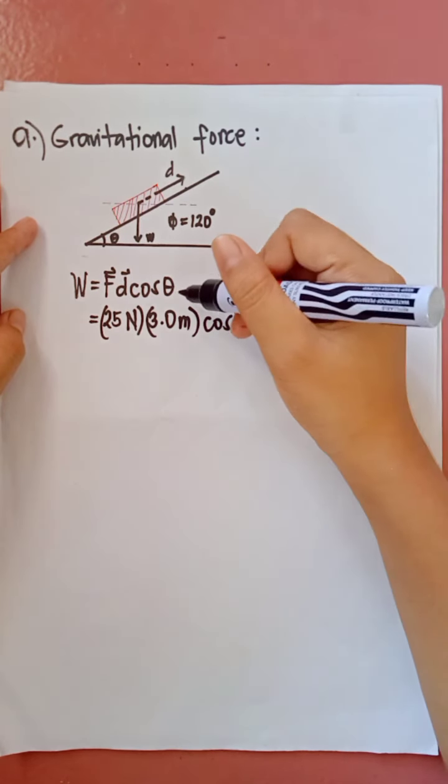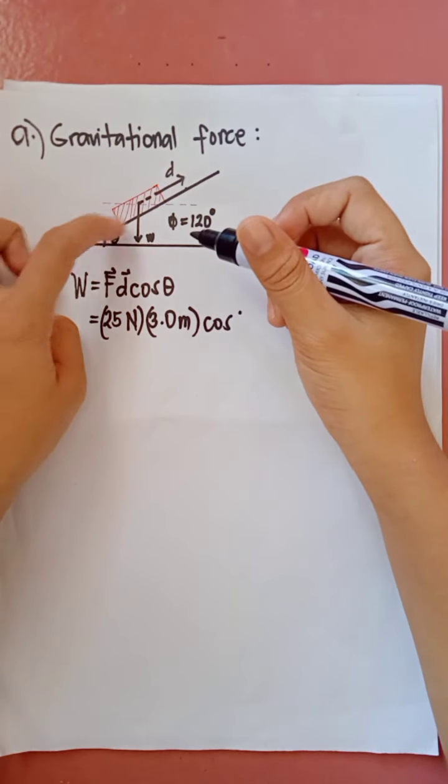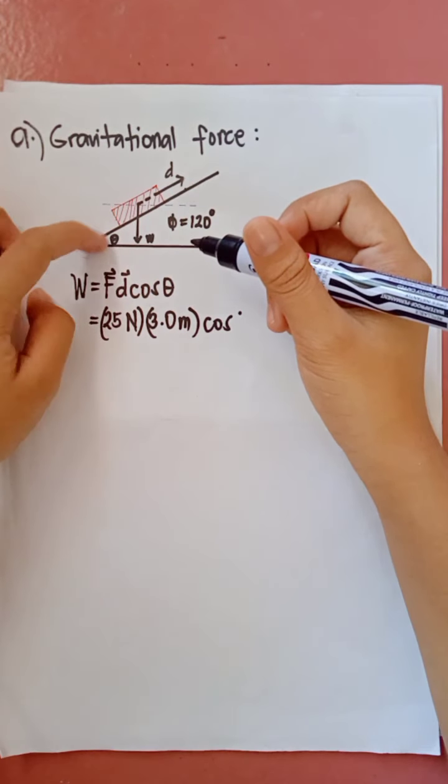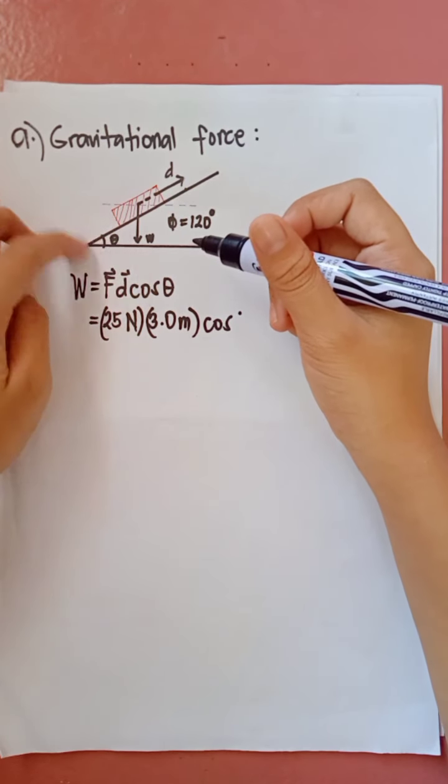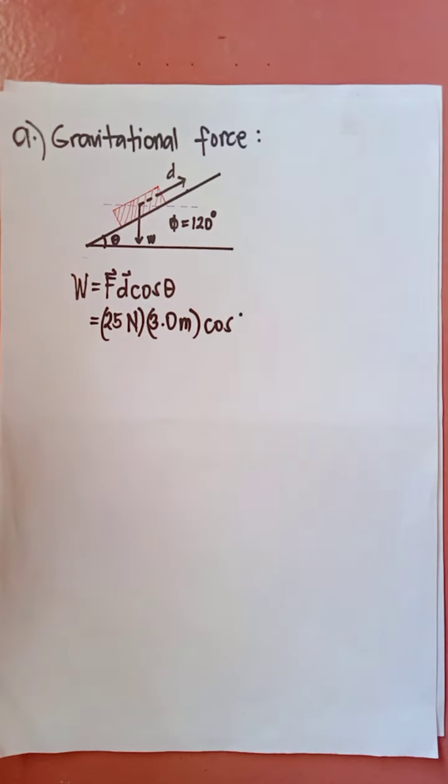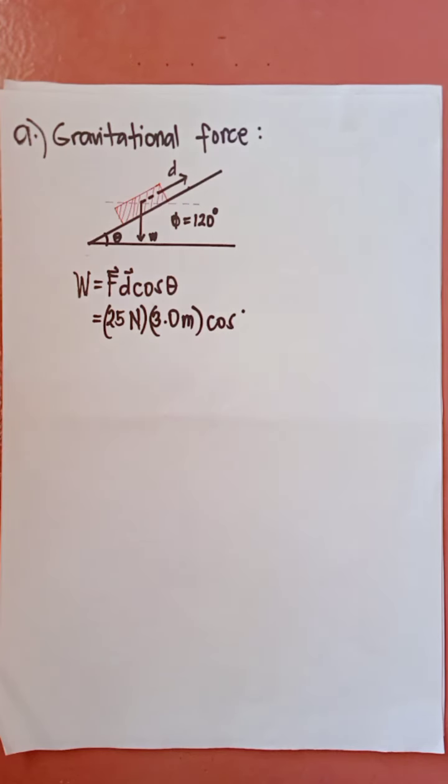In this case, since we have already here the theta being used for the angle of the inclined plane, we are going to use another Greek letter to represent the second angle. So I have taught you before that you can use any other letters. So usually we use alpha, beta, like that. This time the book uses the Greek letter phi.